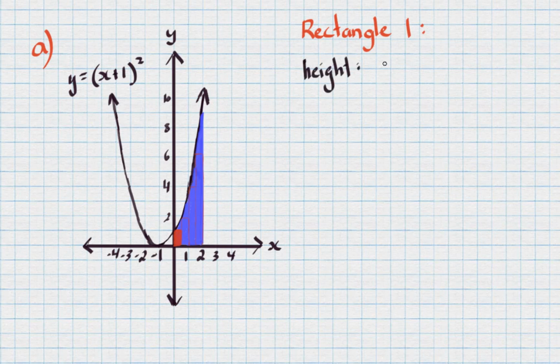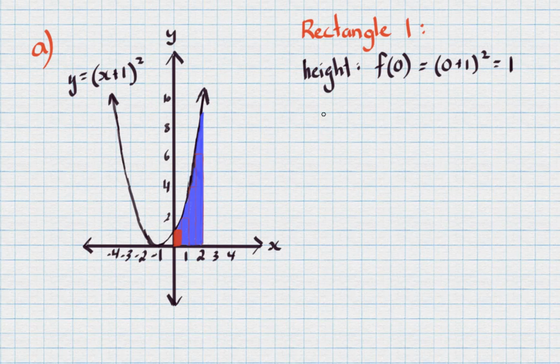So f of 0 gives us (0 plus 1) all squared, and this is just 1 inside the brackets, and 1 squared is 1. So there we go, there's how we get our height equal to 1. And while that might seem really elementary for this first one, that'll come in handy for the other rectangles a little bit more.